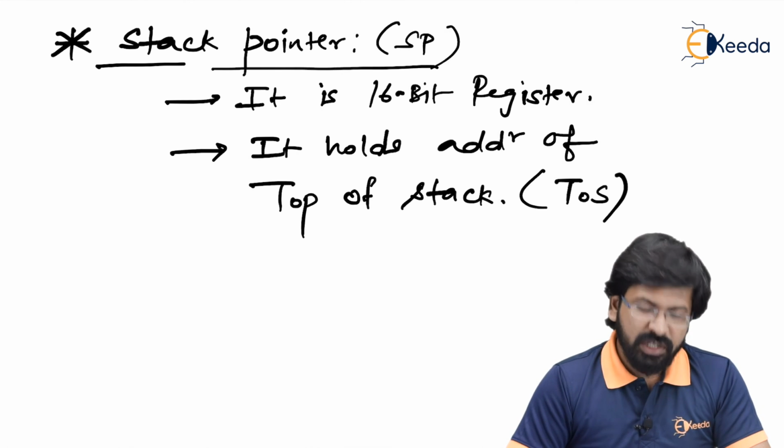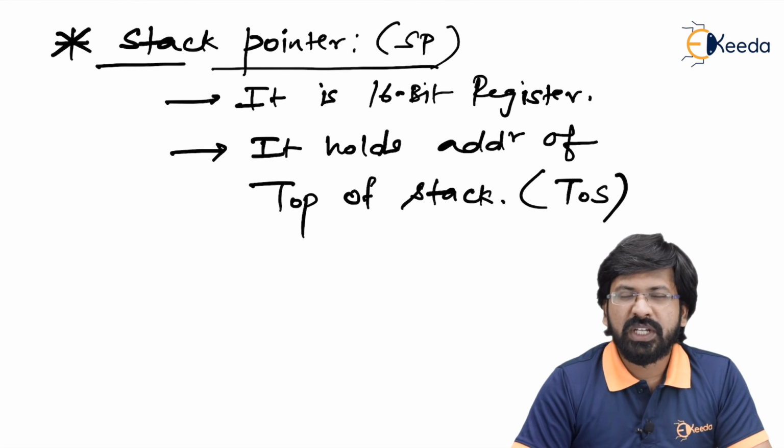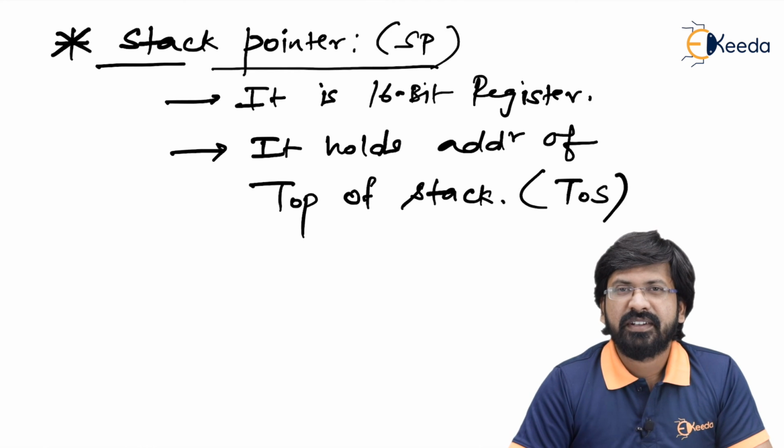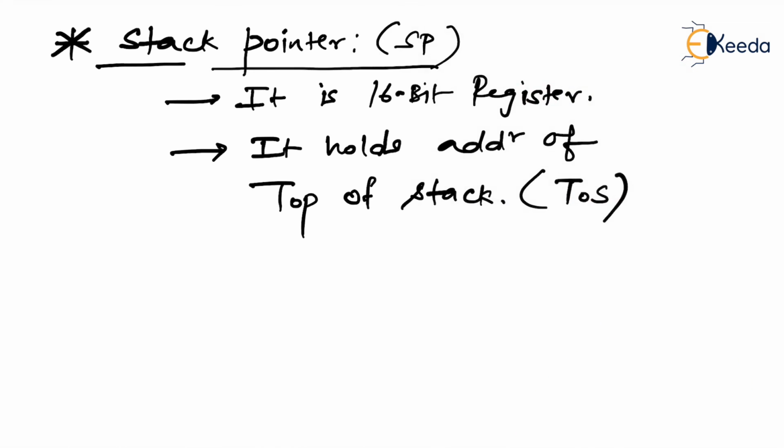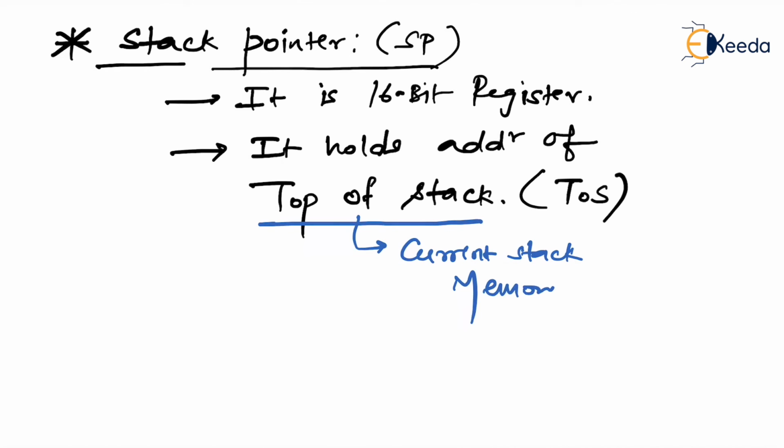The content of the stack pointer gives you the top of stack, and to put it in easy words, it holds the address of the current stack location. So remember, top of stack means the current stack memory location. This is the job of the stack pointer, to keep track of where the current stack memory is pointing to.